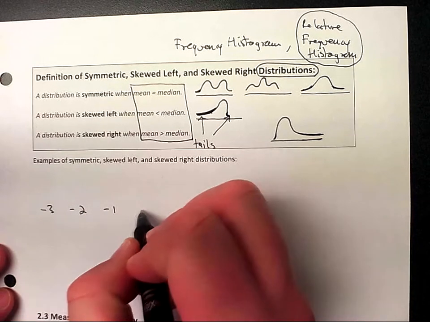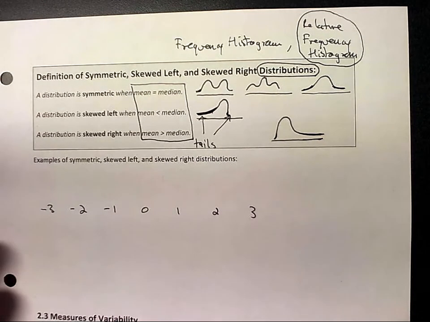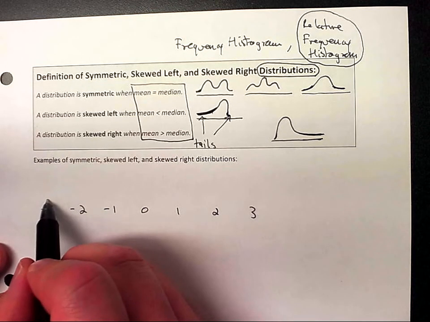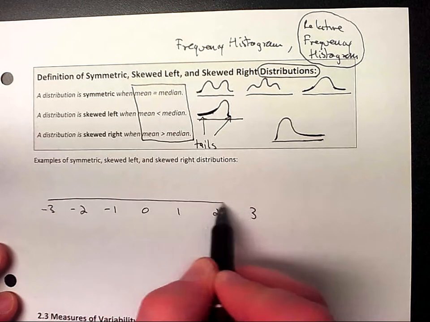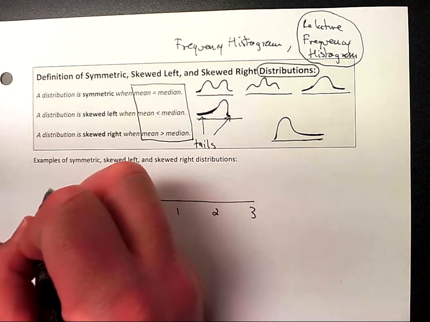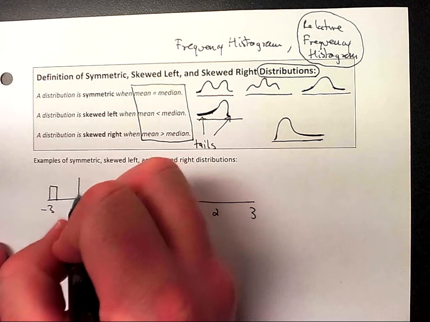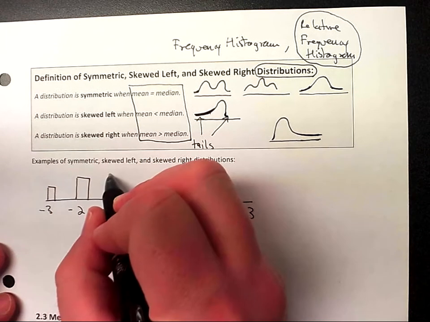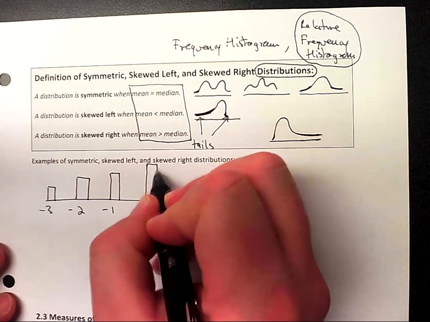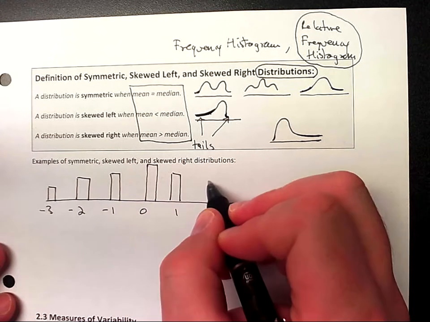-3, -2, -1, 0, 1, 2, and 3. If we had a distribution that, if we make this into a frequency histogram, maybe looks something like this, where it's symmetric.